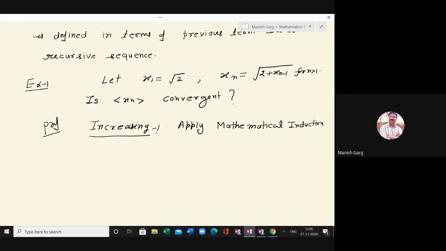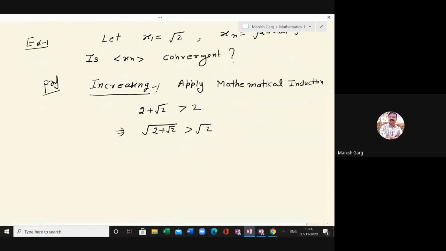No. Here you can see 2 plus root 2 is greater than 2, so taking the square root, x2 is greater than x1, so the result is true for the base case.